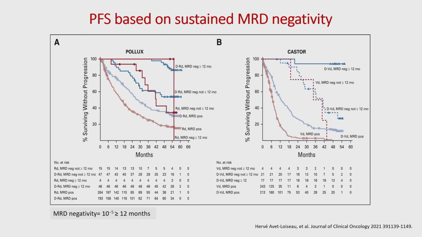So reaching MRD negativity at a single point is highly prognostic, probably the strongest prognostic factor in myeloma, but even better is not only reaching MRD negativity at a single time point, but maintaining this status of MRD negativity 1 year apart from the first one.